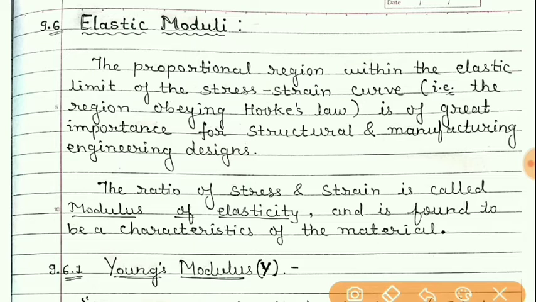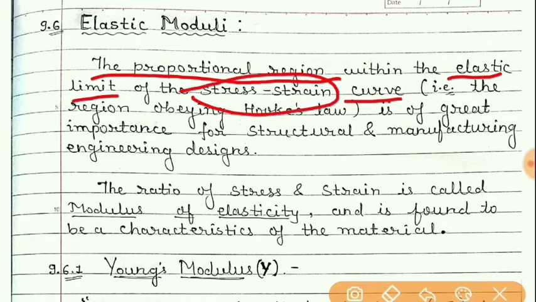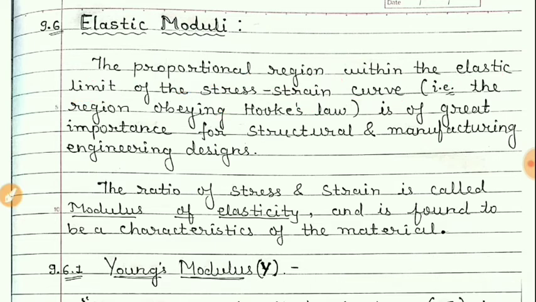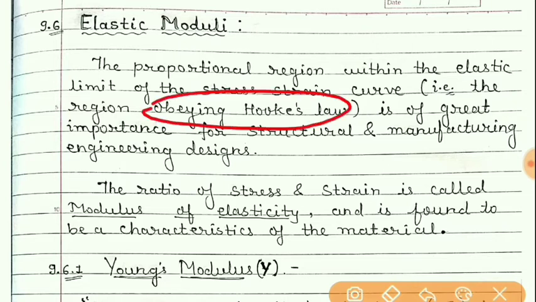And so here the region having the proportionality limit, or we can say the elastic limit, of the stress and strain curve is very important. And we know that for the proportionality limit, Hooke's law should be obeyed, and it has a great importance.